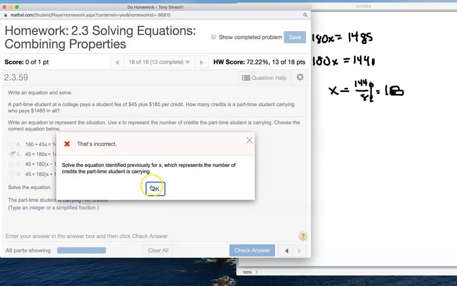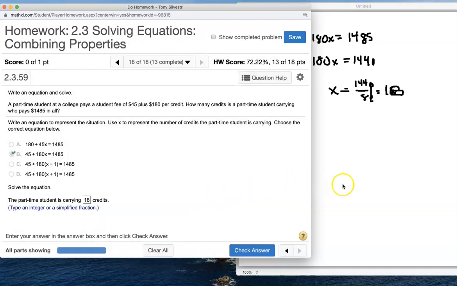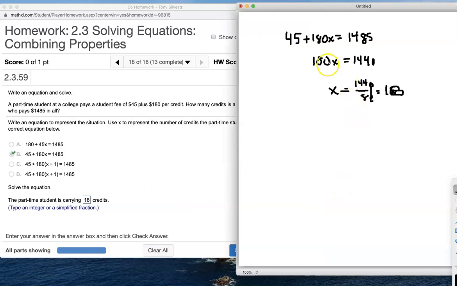What? 845, 1440, 180. Oh, come on, man. Why am I losing my mind so much? Oh, dear. Here. It's 1440 divided by 180. I lost a 1 in there.